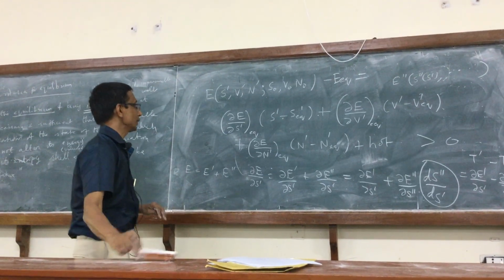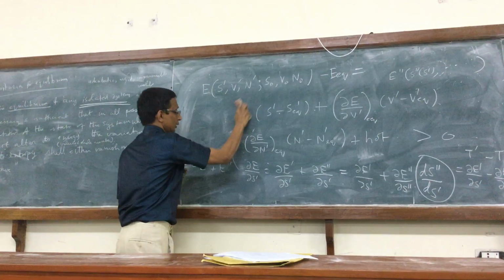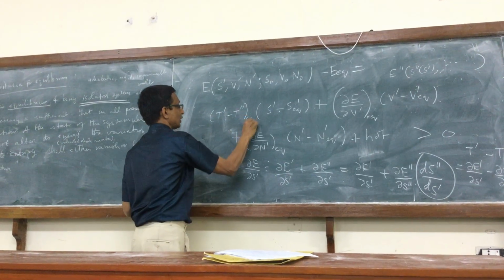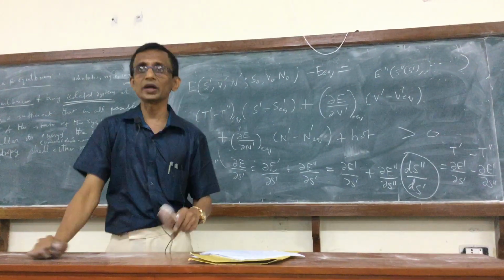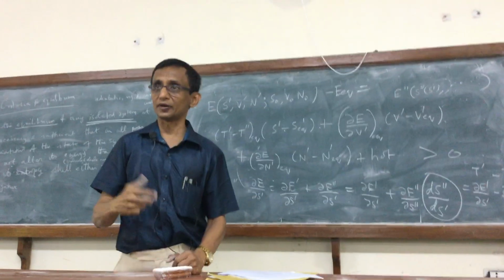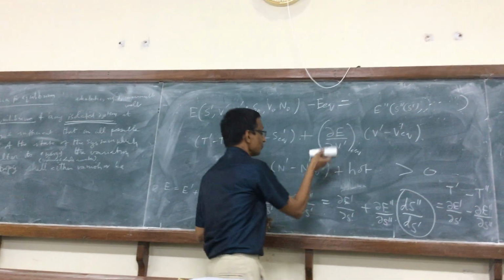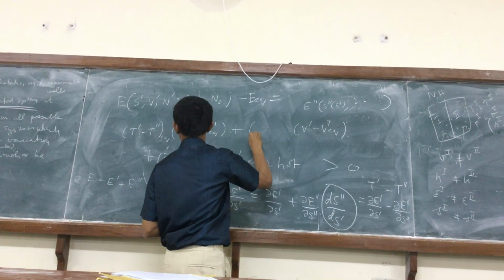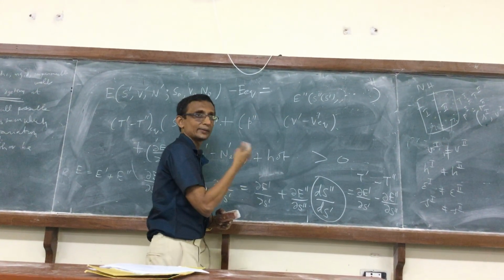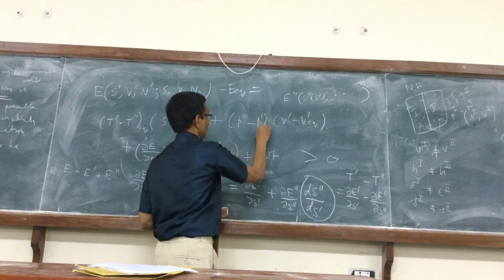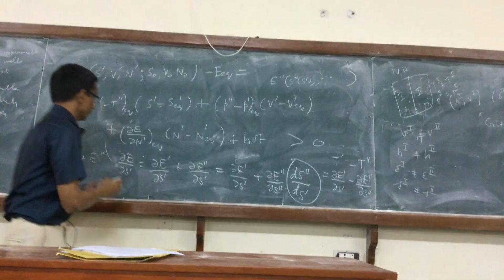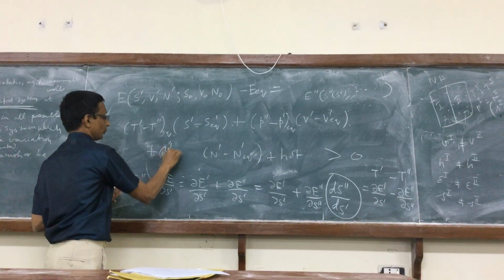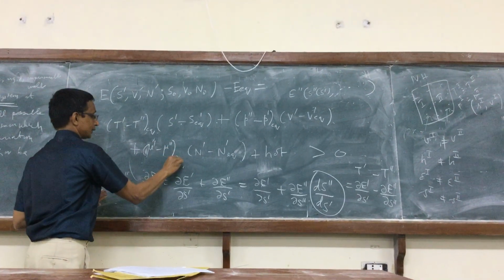Effectively, I am going to replace this by T prime minus T double prime at equilibrium, the difference of the temperatures of the two homogeneous parts. This, similarly, by using the same arguments, can be written as P double prime minus P prime at equilibrium. And this would be written as mu prime minus mu double prime at equilibrium.